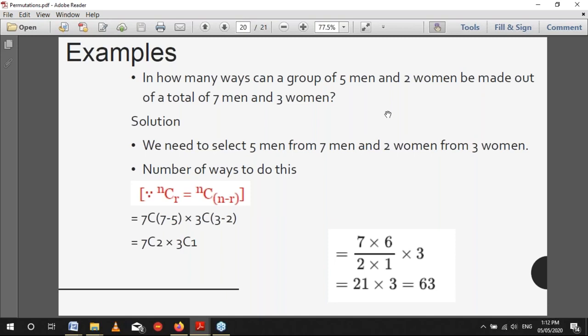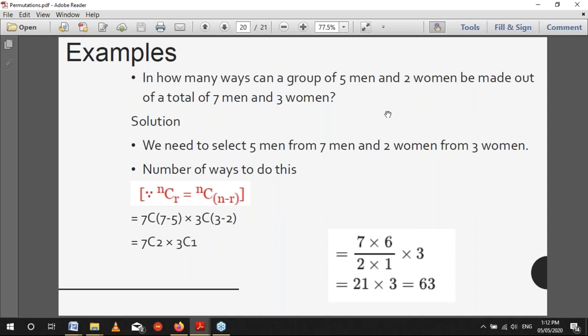Like I told you, combination does not follow arrangement. So we have 7 multiplied by 6 all over 2 multiplied by 1, times 3, and that gives us 63.